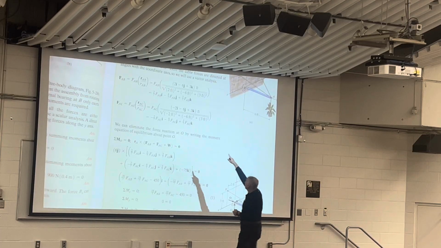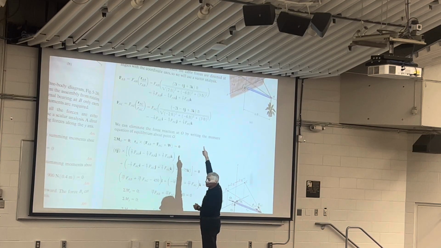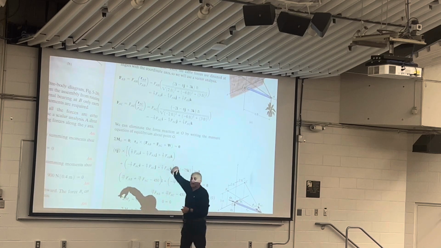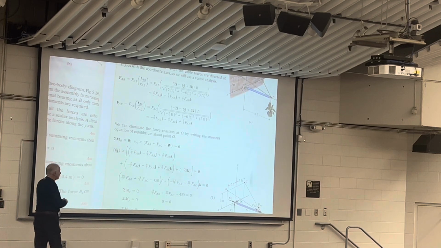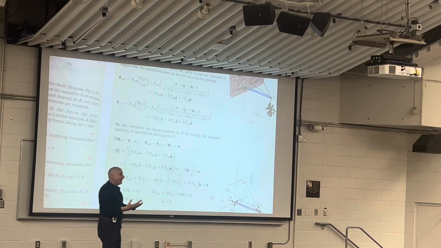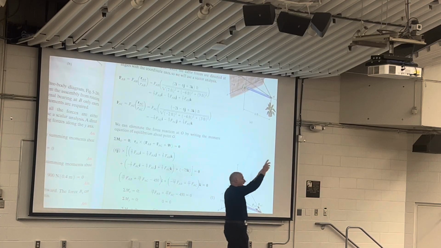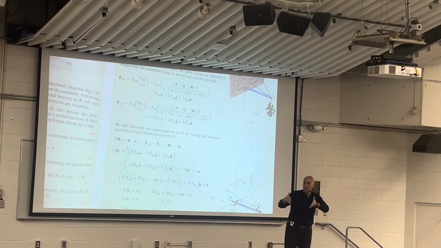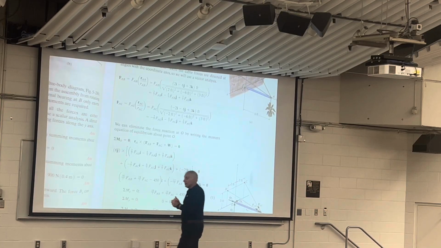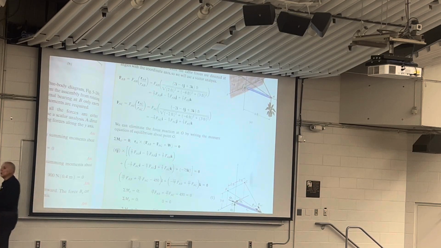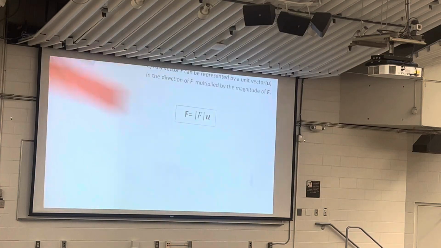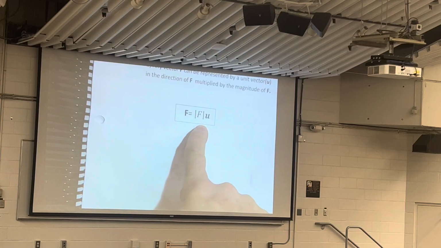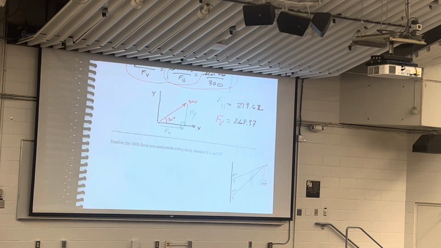So you can see 2i minus 6j plus 3k, and I'm going to divide by its magnitude, square root of minus 2 squared plus minus 6 squared plus 3 squared. Again, the F vector is equal to the F magnitude times the unit vector. Okay? That's why I say this is huge. I just showed you two problems, one in chapter 4, one in chapter 5, using exactly this. You with me? Perfect.